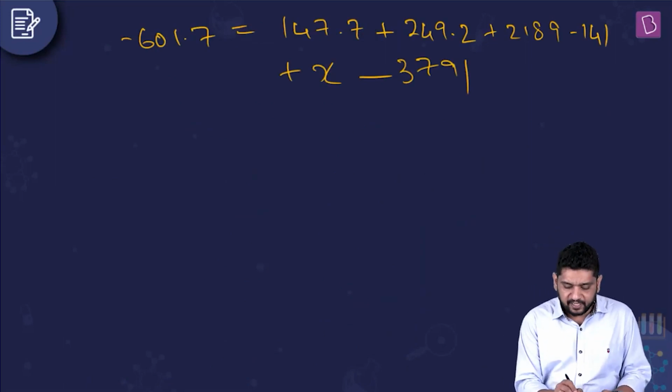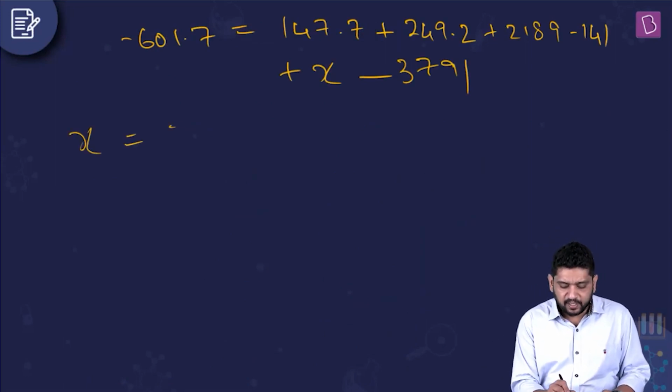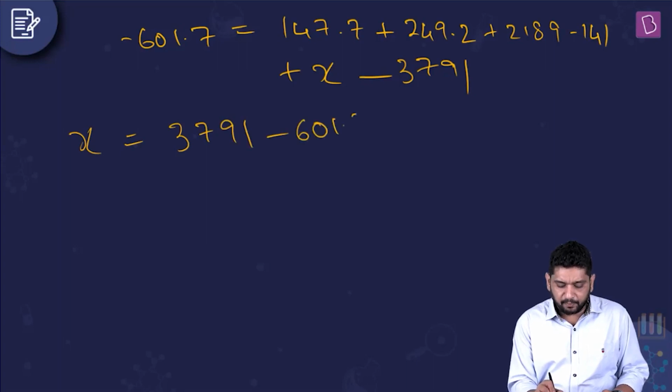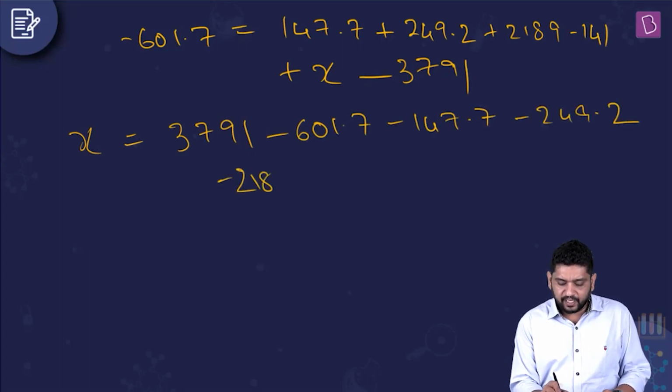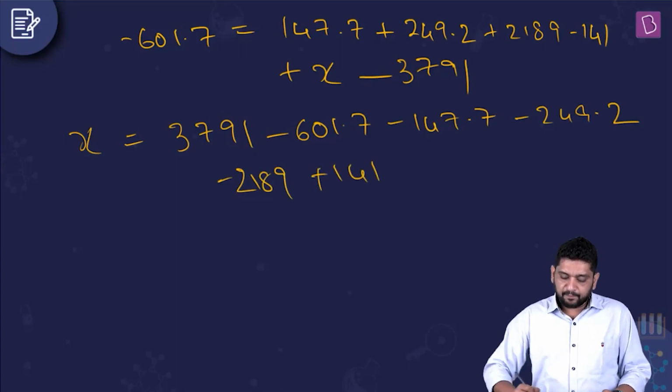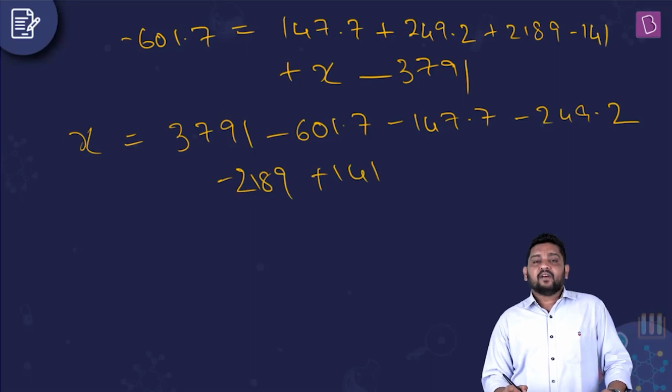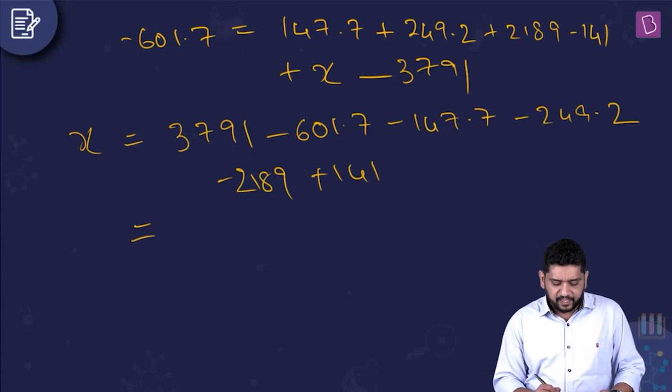So from here we can see that X will be equal to 3791 minus 601.7 minus 147.7 minus 249.2 minus 2189 minus 141. Oh no, plus 141. This will be the value of your X which we need. This is the final answer.